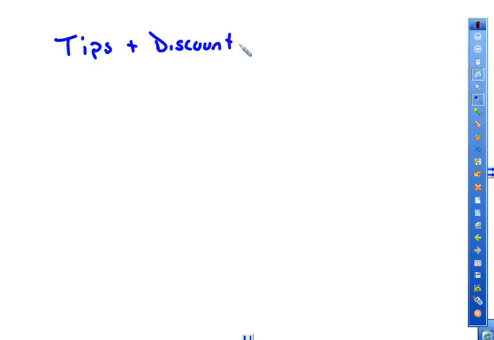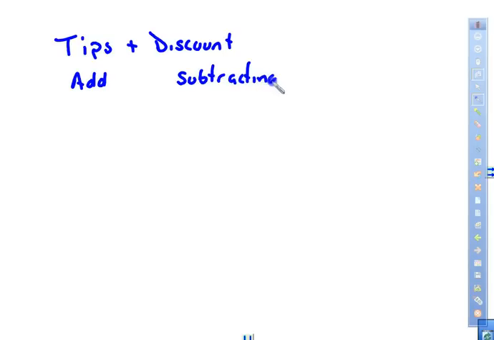For a tip, we have to understand that we are dealing with not just a discount, but it is a tip. So for a tip we're going to be adding, and for discounts, we're going to be subtracting. So make certain that we have that clear understanding.